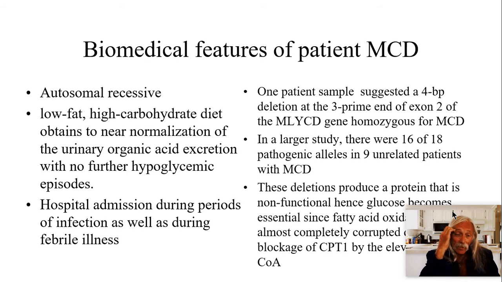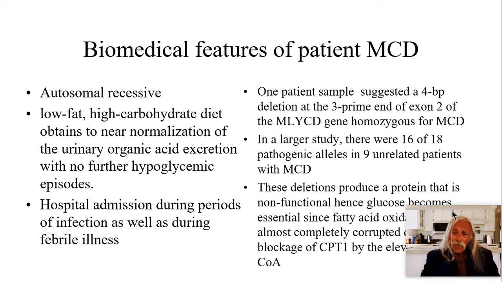Hospital admission during times of infection as well as during febrile illness is usually important because of the problem with the immune system. Okay. One patient sample suggested a 4 base pair deletion of a 3' end of exon 2 in the MLYCD gene, which is homozygous for MCD. In a larger study, there are 16 of 18 pathogenic alleles in 9 unrelated patients with MCD.